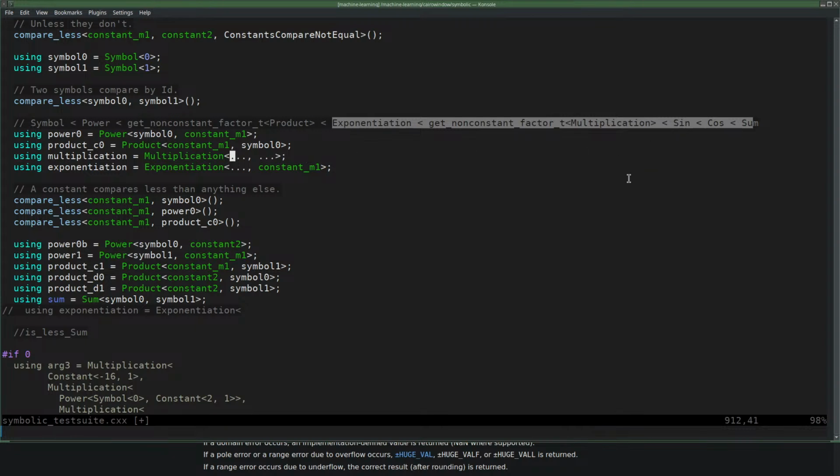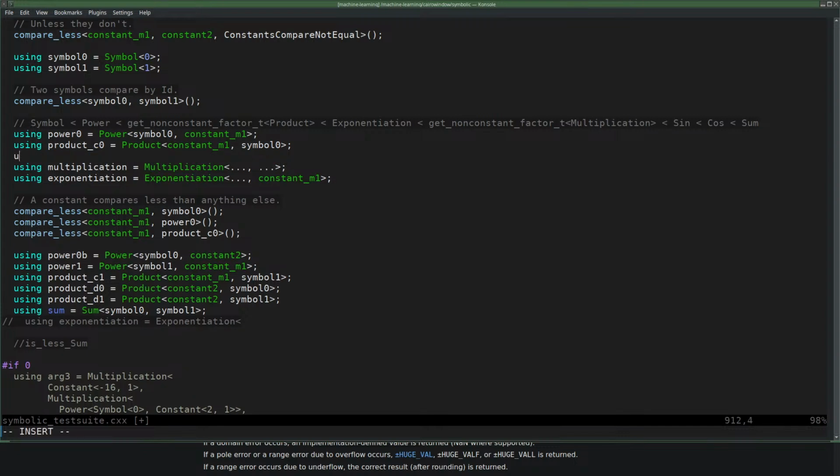I could use a sign, I guess. The lowest, so even less than a sum. So let's call this 0. The lowest sign that I can think of is the sign of symbol 0.